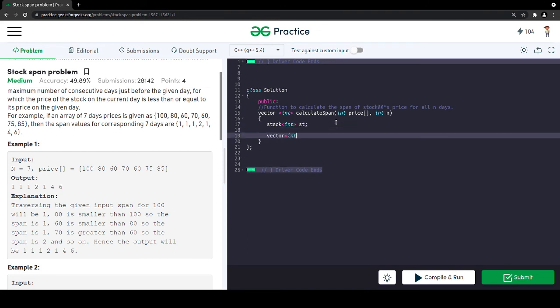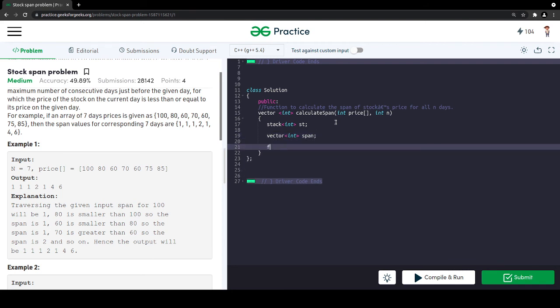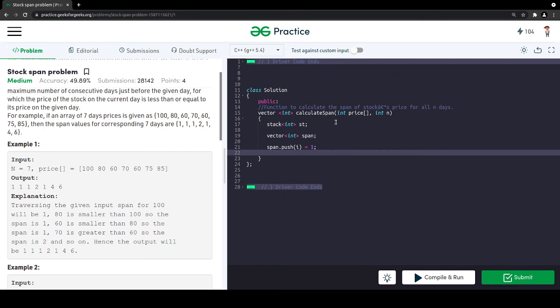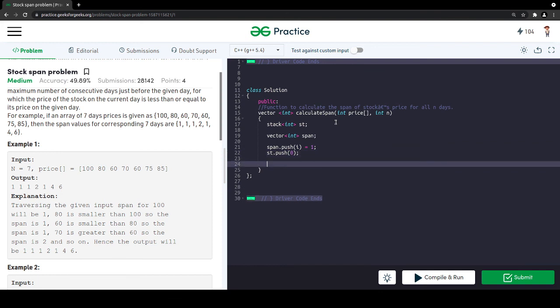I have to print the span vector, so I will be writing span. For the initial value, I am going to put 1, and the stack will be pushed with the price or the index. I will be putting it with the index. Okay, so I think this is clear.